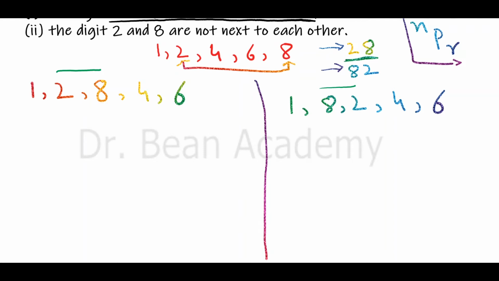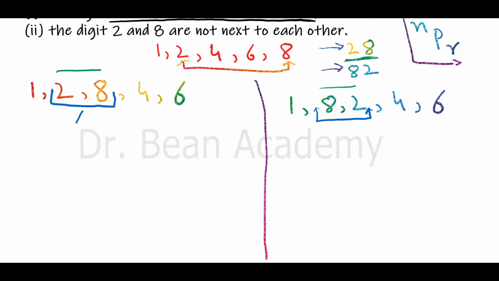So now to fulfill this condition, we can give them a common name, because they said 2 and 8 should be together. Similarly, on the right, 8 and 2 should be together. So if they will be together, we can give them a single name.